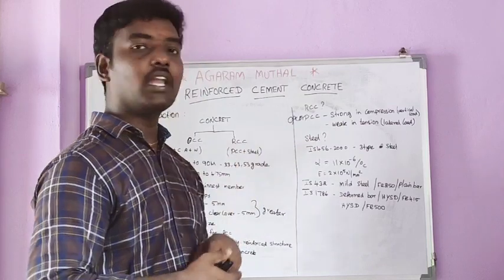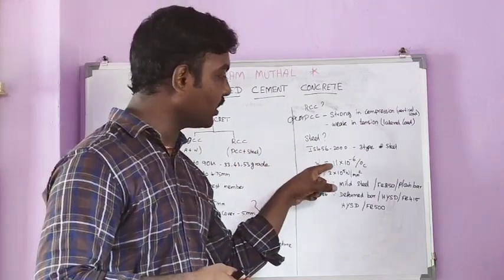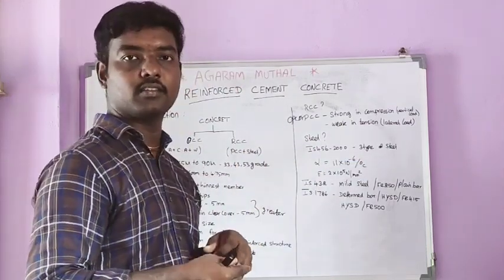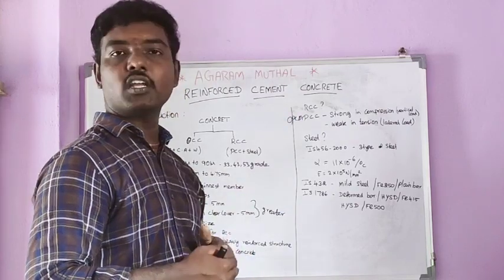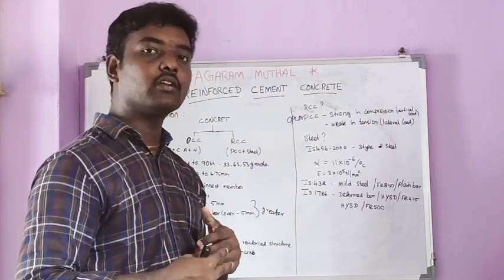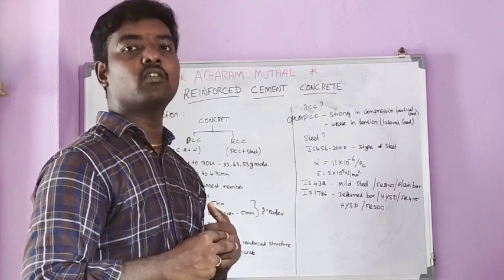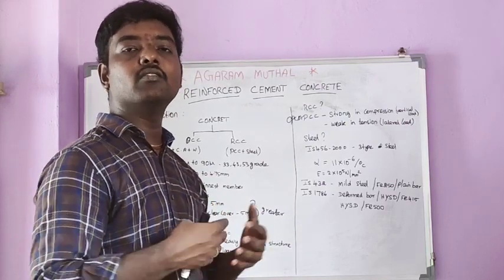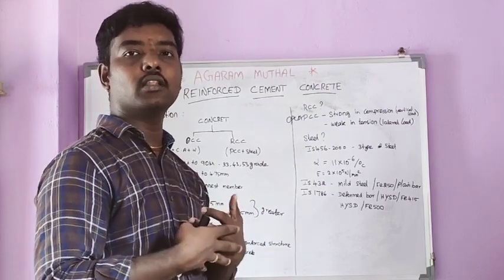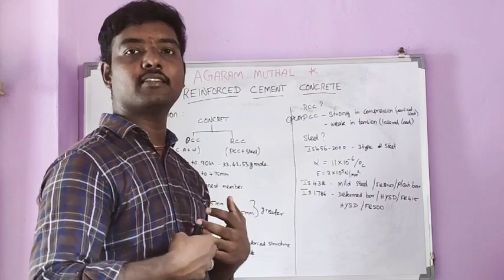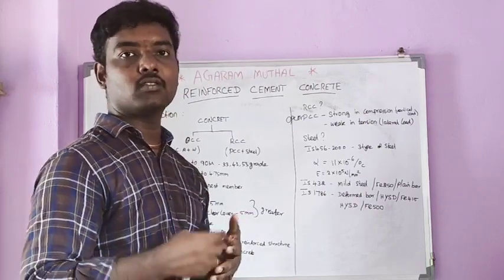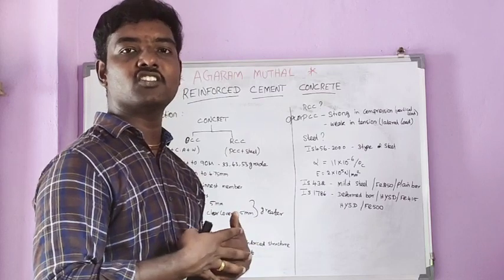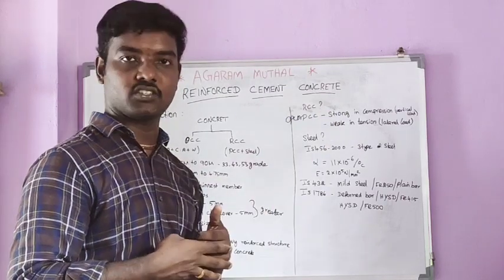The thermal expansion of concrete is 11 x 10^-6 per degree Celsius, and steel has almost similar thermal expansion. So when they are bound to one another, the friction won't be affected by thermal expansion. That is the reason we incorporate steel in RCC structures.